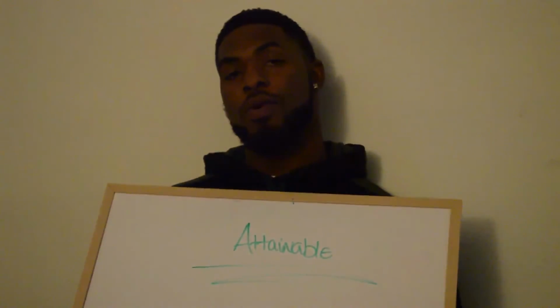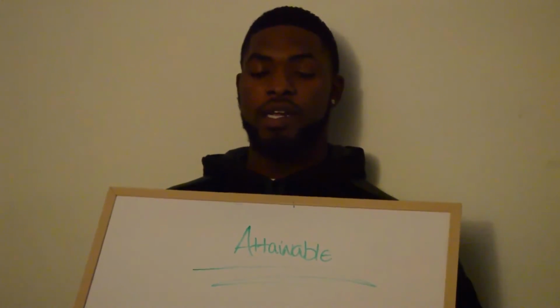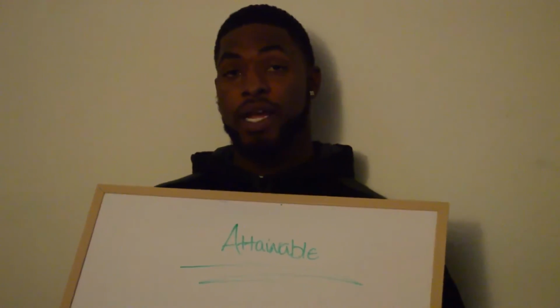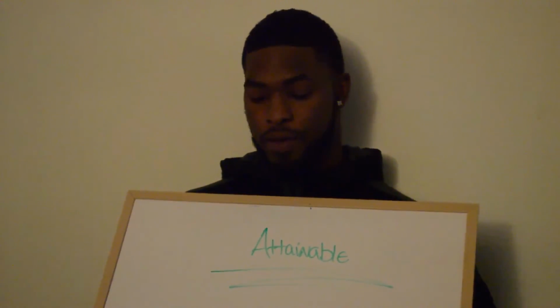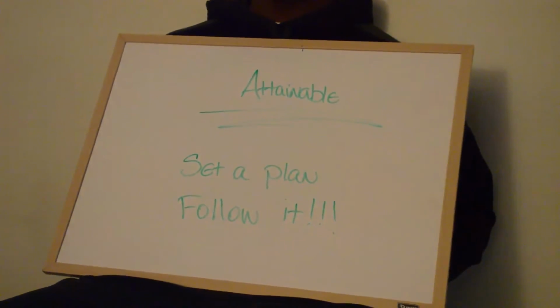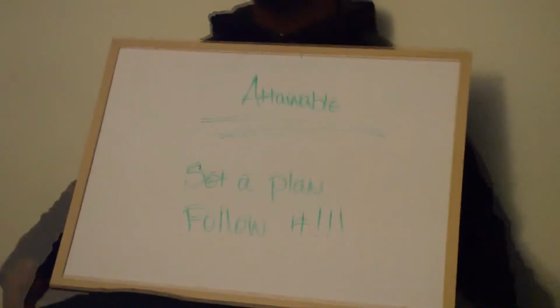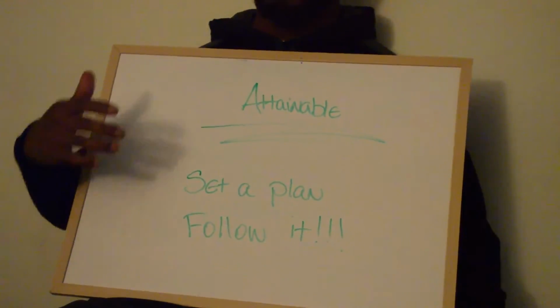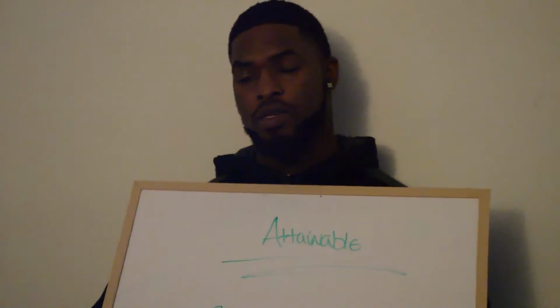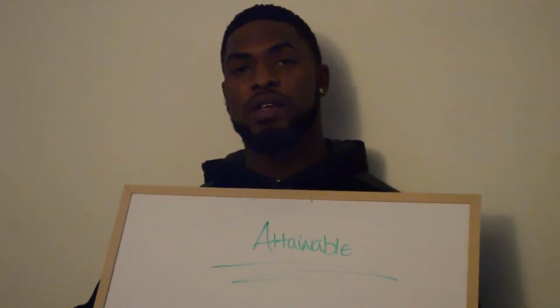So the third thing you want to do is make sure your goal is attainable, and the only way to do that is to make sure you've got a plan in place. And when you do that, you want to make sure you follow that plan, and the more you follow it, the more the goal seems to become attainable. The closer you get to it, because you keep knocking down the obstacles along the way, you keep achieving the smaller goals one after another.